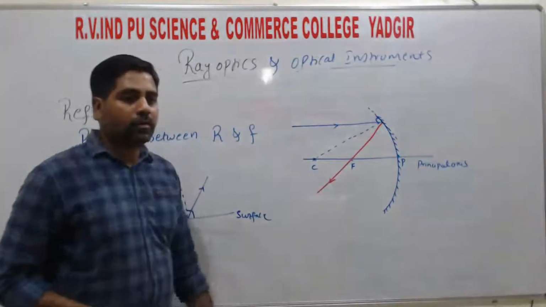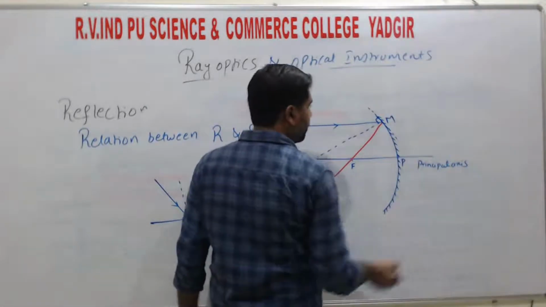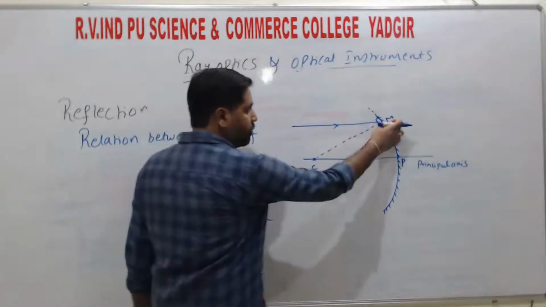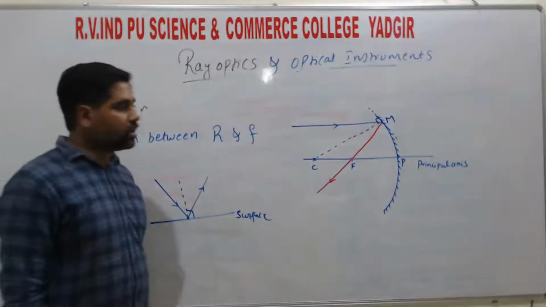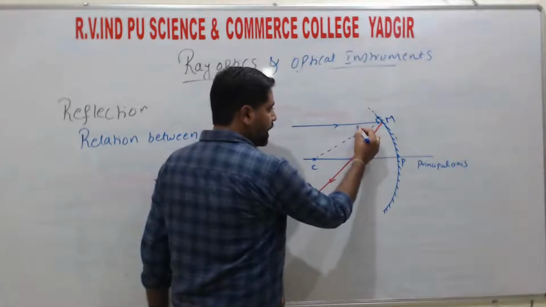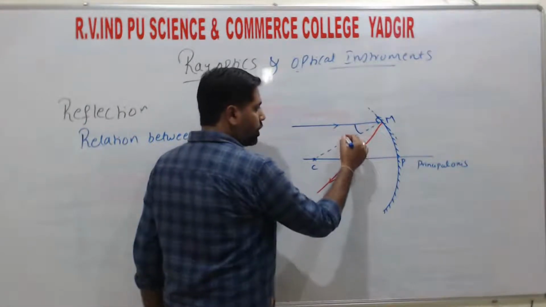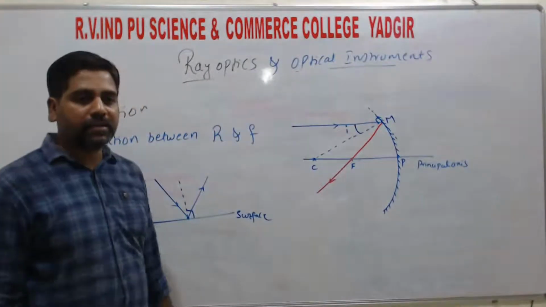Like this. So if you take this point as M, then CM is the normal. Now if we apply the laws of reflection, the incident ray makes an angle with the normal, and that angle we call the angle of incidence, right?